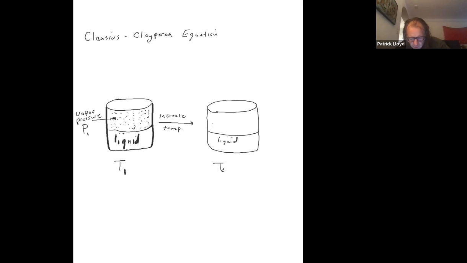We'll have even more of that vapor above the liquid, right? So the pressure will increase. We'll have a higher pressure above that liquid. So this would be P2. So T2 is greater than T1, right? And P2 would be greater than P1, right?